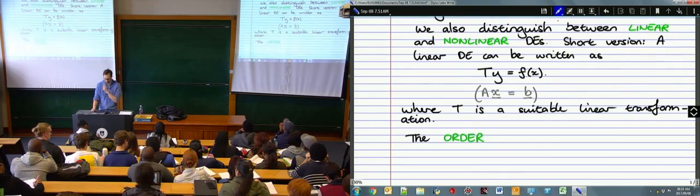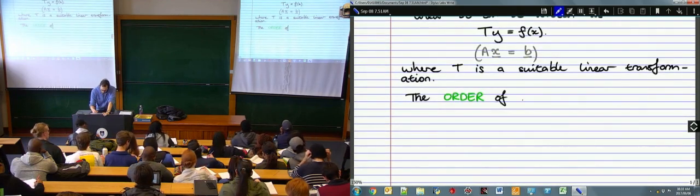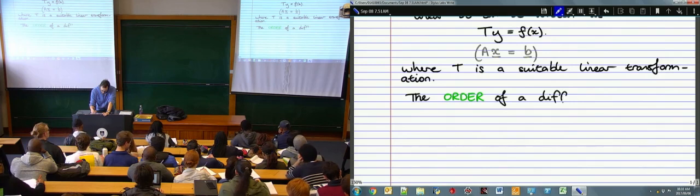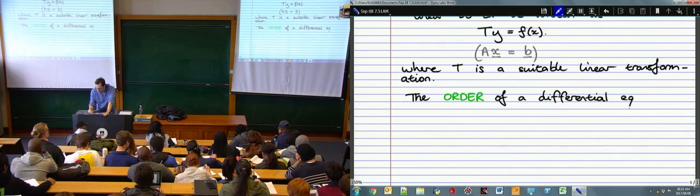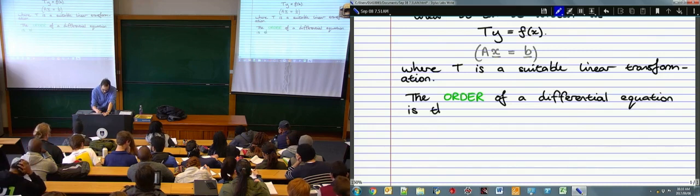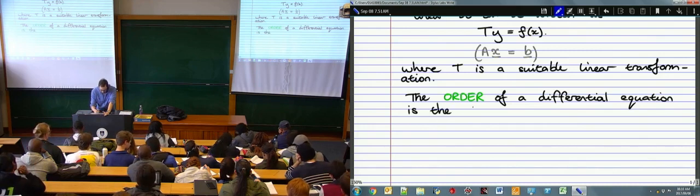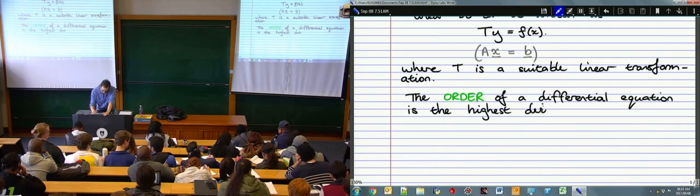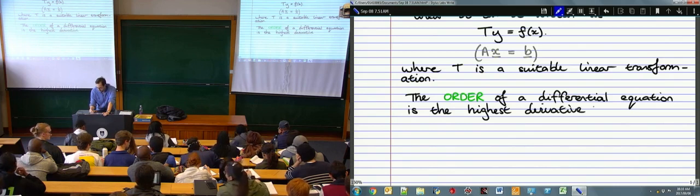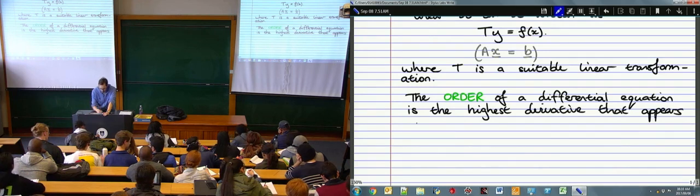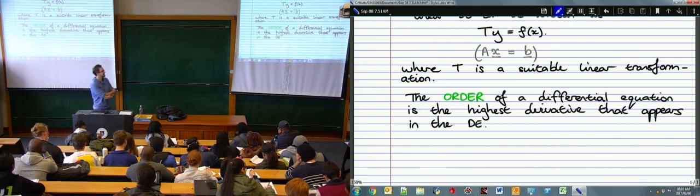So the order of a differential equation is the biggest derivative that appears in the differential equation.